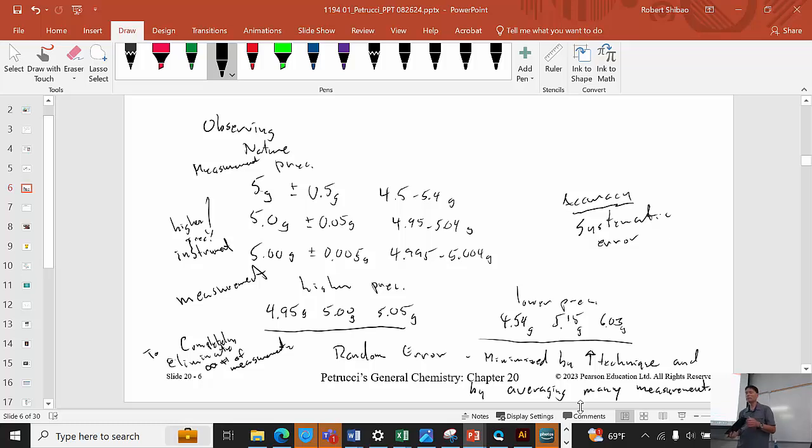A bad technique would be you're misreading the meniscus. Some people read the meniscus from the top. Some people have parallax where they read it too low or too high, and they get an incorrect reading. So systematic error is due to poor technique or calibration.